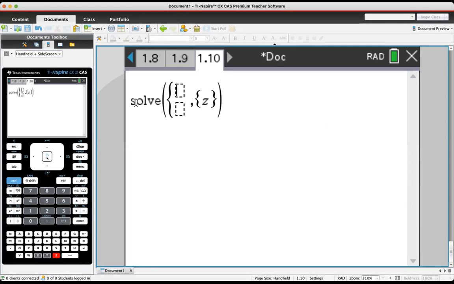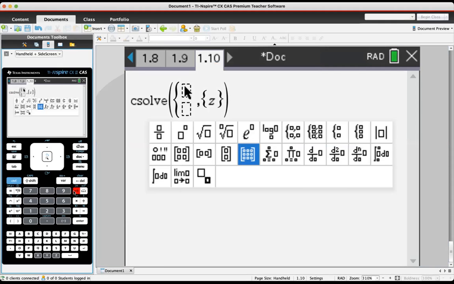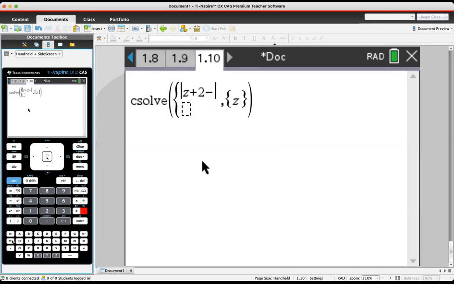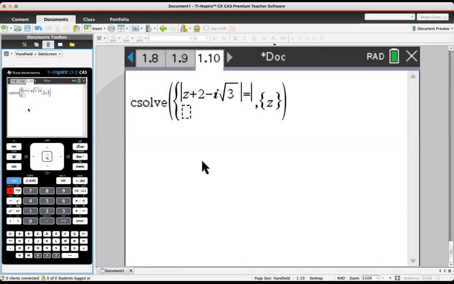After you've got the solve template with a single variable z here, go back to the front and just type a C here, and then type out the absolute value template, and then fill in the blank: z plus 2 minus i square root of 3 equals 2 root 3.